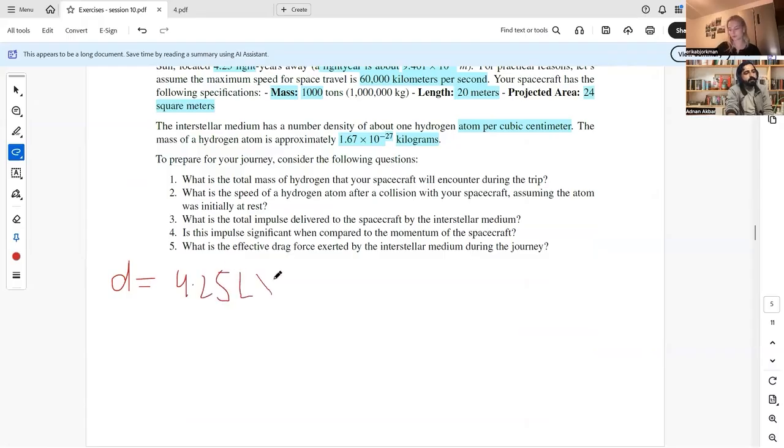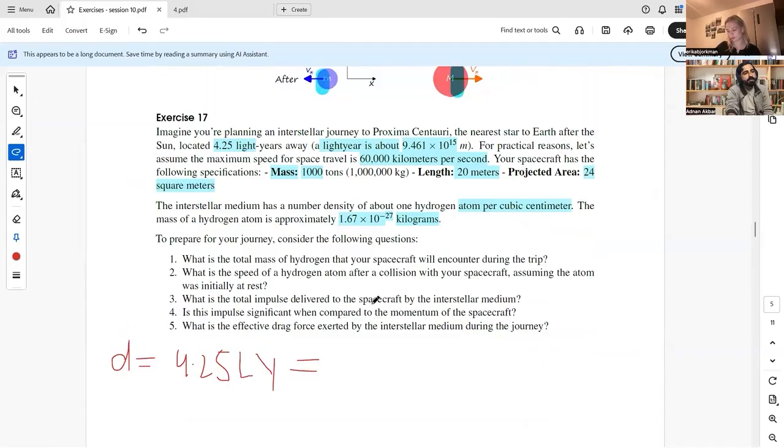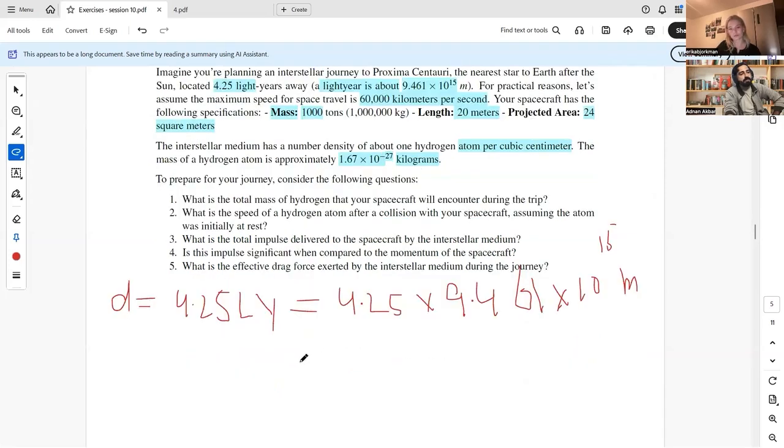As 1 light year is equal to 9.461 × 10^15 meters, let us convert it into meters: 4.25 multiplied by 9.461 × 10^15 meters, which results in 4.02 × 10^16 meters.